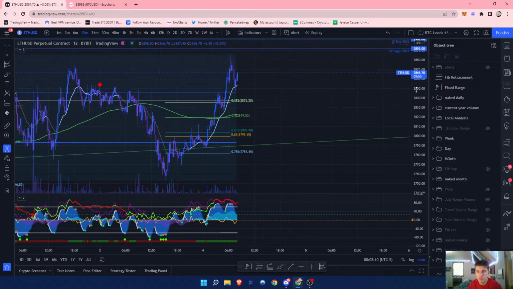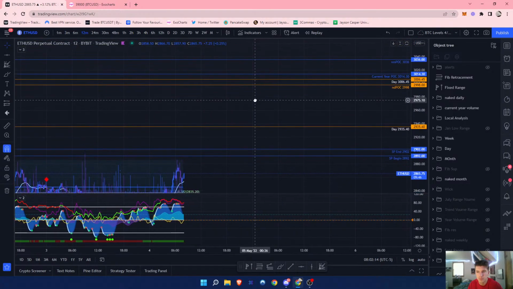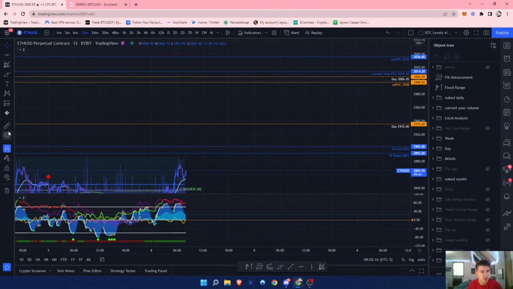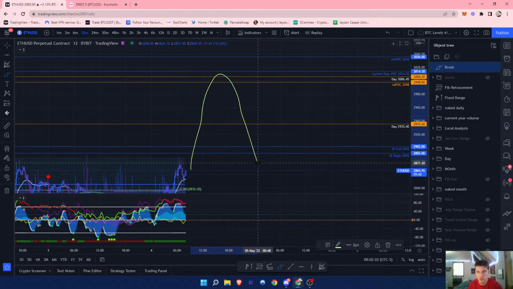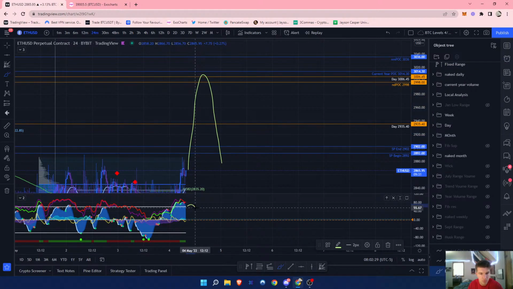Right now we are pumping. And so here is a nice amount of resistance right here. And again, this would be more of a 24-minute divergence, where we just kind of get that money flow coming down. Still a 5% move away.